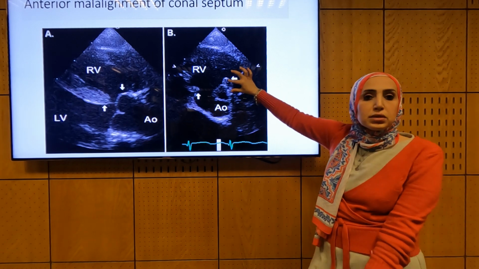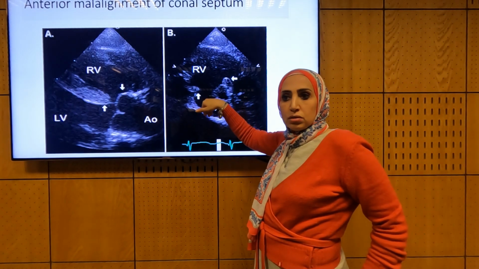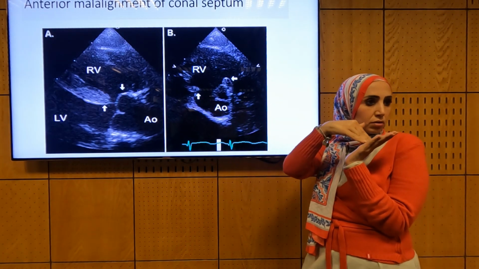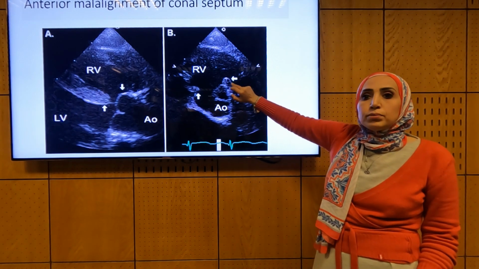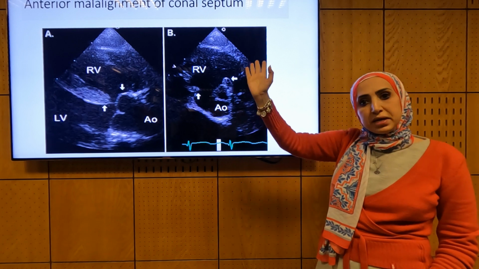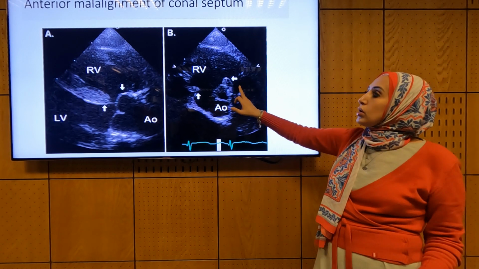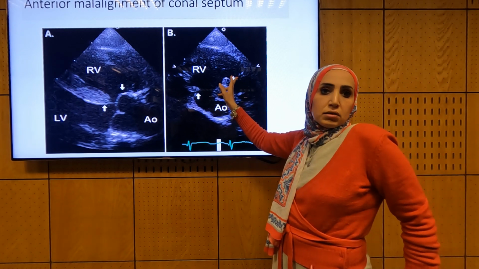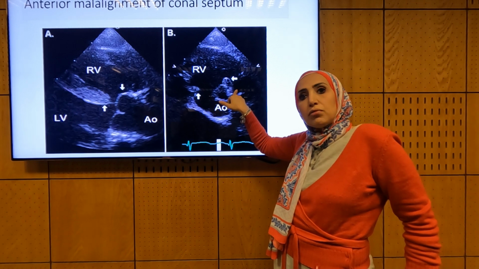We call this part of the septum the conal septum. Now the conal septum is not attached to the tricuspid, so we have a free conal septum. This conal septum could be malaligned, so deviated either anteriorly or posteriorly. If deviated anteriorly like that, it will produce RVOT obstruction, which is Fallot.